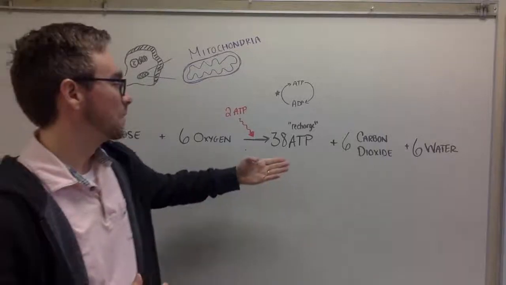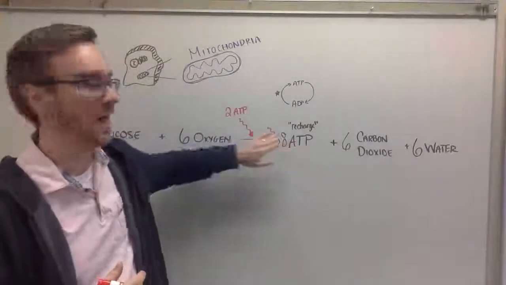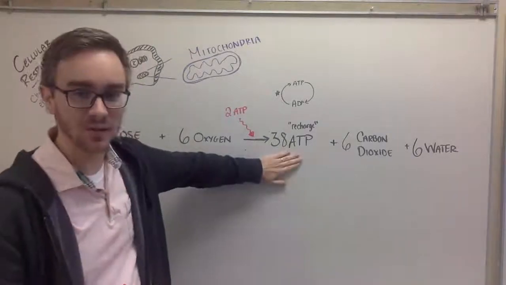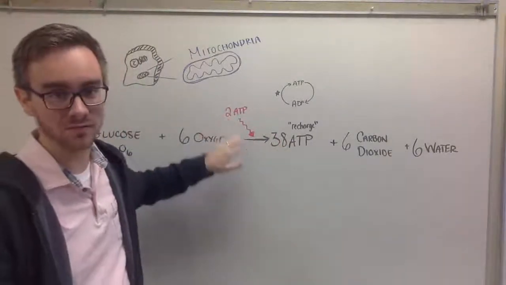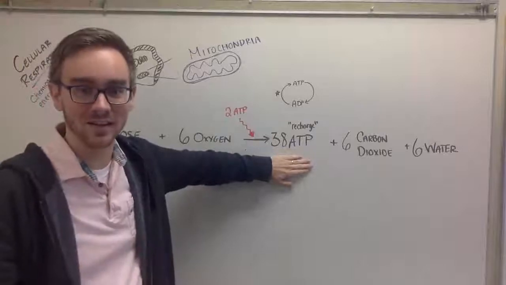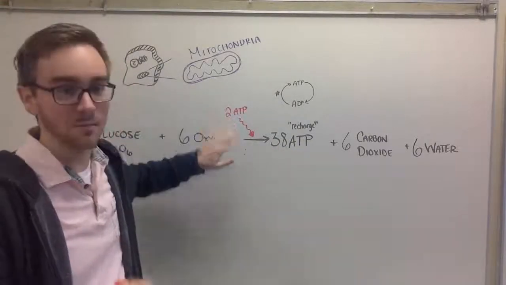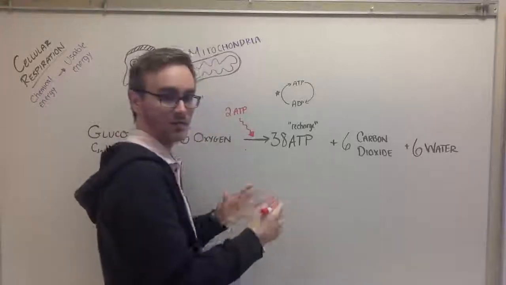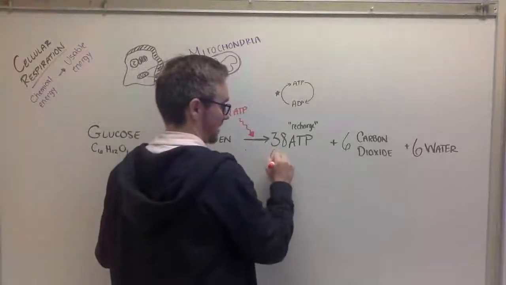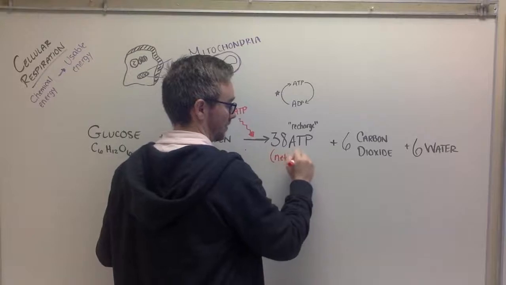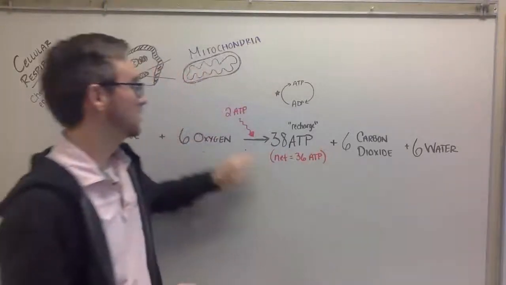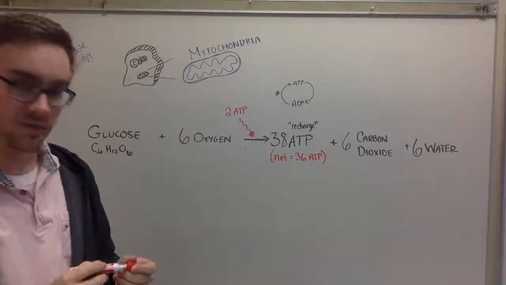So what some people say is, since I recharged 36, but I had to use 2 to do this, if I made $38 at a lemonade stand, but I had to spend $2 on buying the lemonade, what I made is a net of $36. And so some people say that this is a net of 36 ATPs, only because I had to use 2 to put in there.